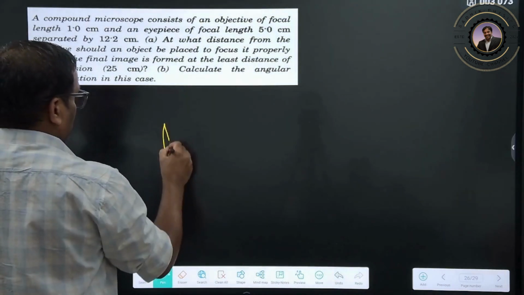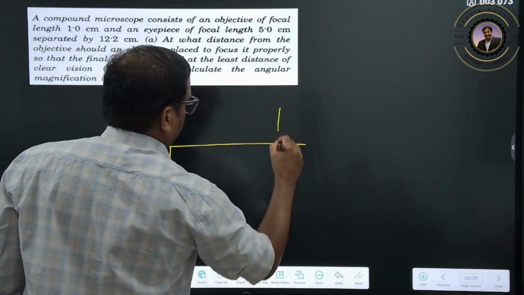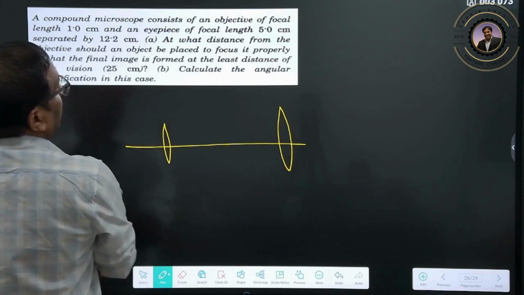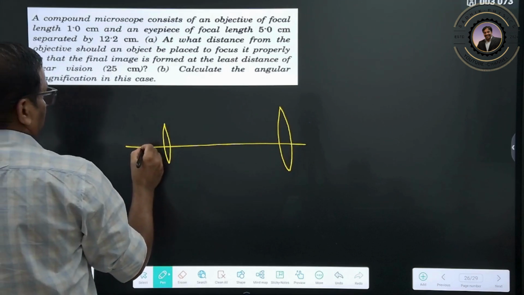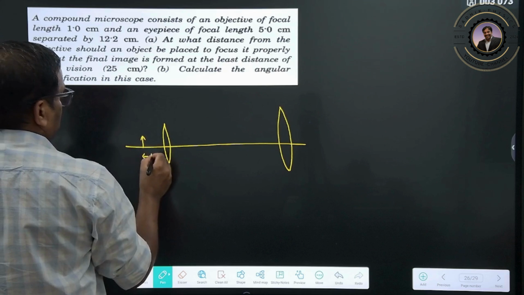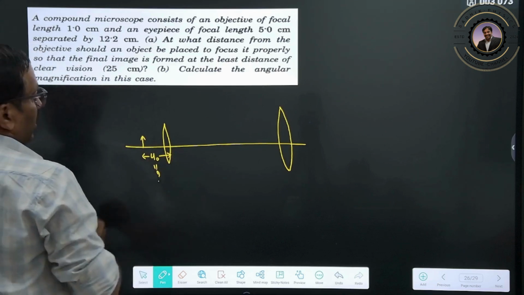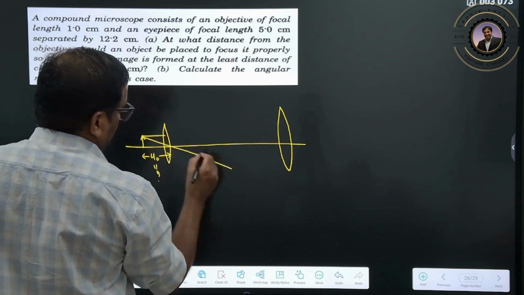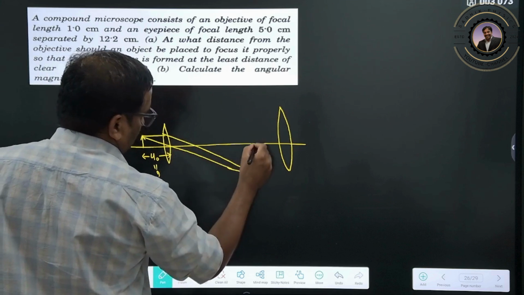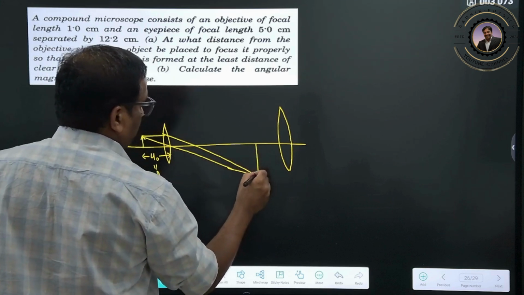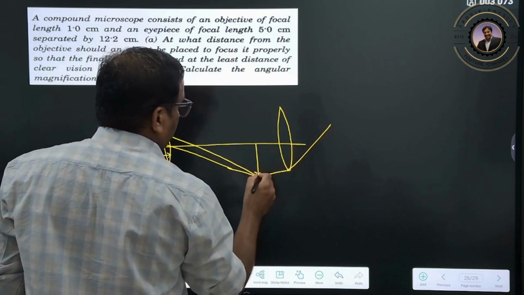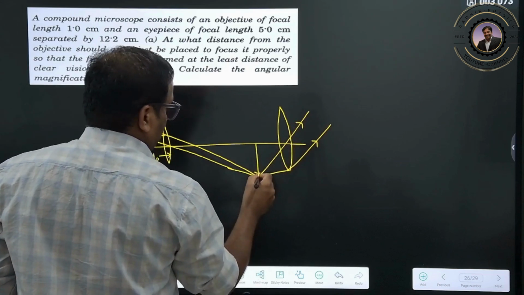So this is your objective, this is your eyepiece. Therefore, at what distance from the objective? Therefore, this is U_O he is asking, so that the final image will be formed where? So, here this is an intermediate image, no? Final image will be formed at least distance of distinct vision.